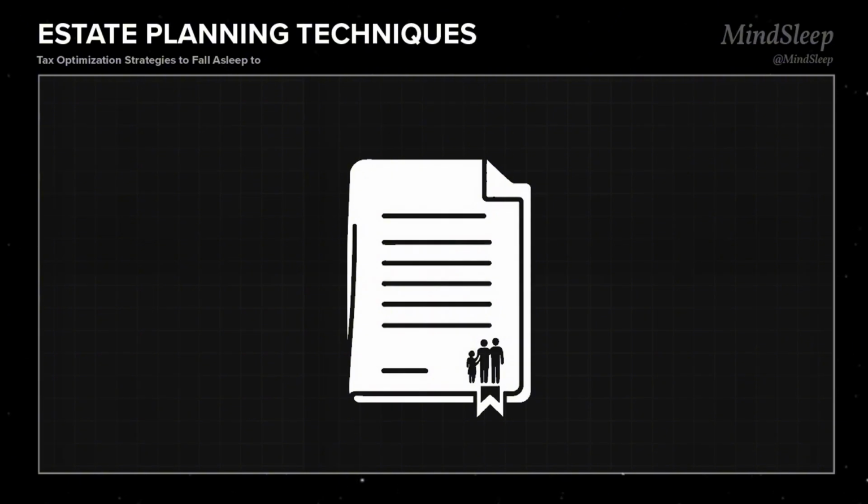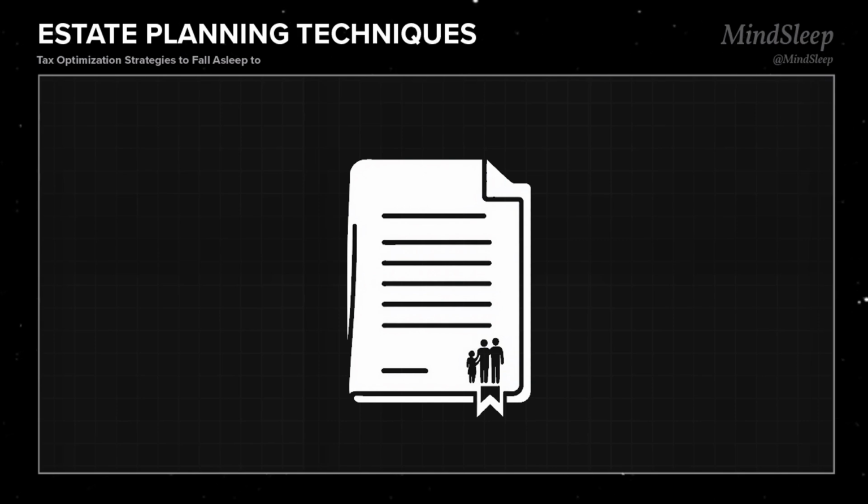Another advanced technique in the estate planner's toolkit is the grantor retained annuity trust, or GRAT. This strategy involves transferring assets into a trust while retaining the right to receive an annuity payment for a specified term. If the assets in the trust appreciate at a rate higher than the IRS assumed rate of return, known as the 7520 rate, the excess growth can pass to beneficiaries free of gift tax.